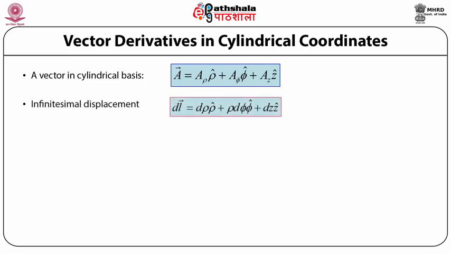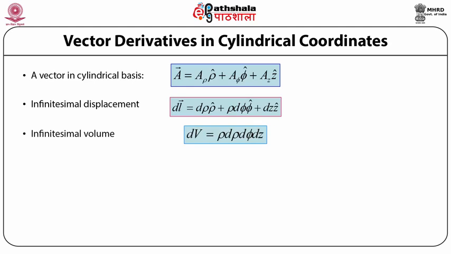And the infinitesimal displacement in a cylindrical coordinate system, in terms of the infinitesimal elements of the cylindrical coordinate system, is defined as vector dl is equal to d rho times unit vector rho plus rho d phi times unit vector phi plus dz times unit vector z.